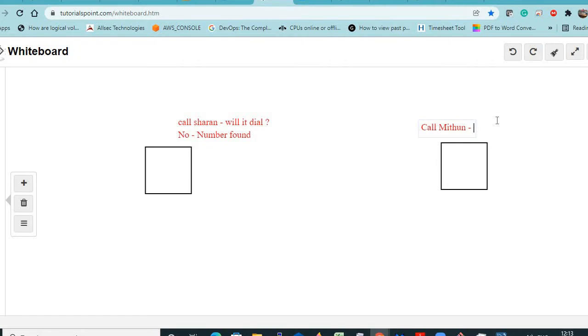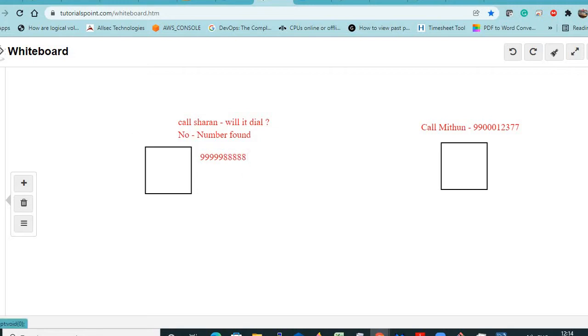We use names. What devices understand is some number. It should have a number, only then it will dial. So even though I don't store it, I need to dial some 10-digit number, 99999 some random number.